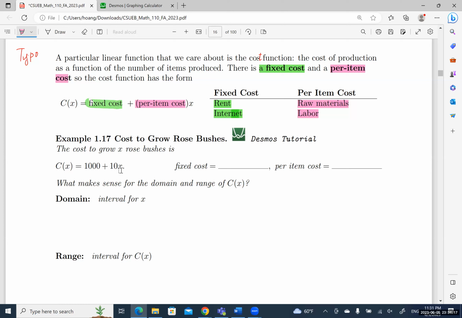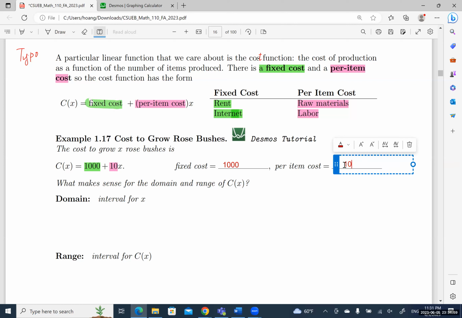But before going to Desmos, let's identify the fixed cost and per item cost first. Per item cost is the cost multiplied by x, and it is usually a small amount, while the fixed cost is usually a huge amount. In this case, the fixed cost is $1,000, and the per item cost is $10.